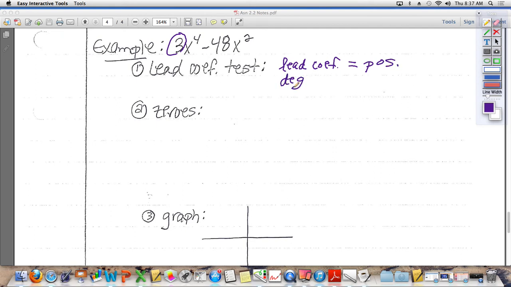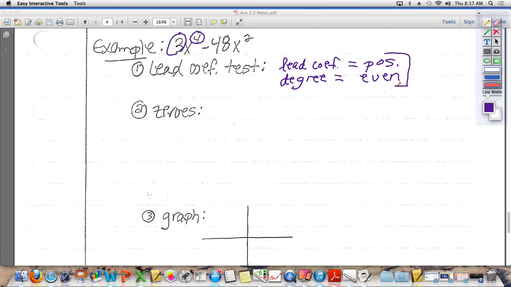What is the degree? The degree is 4. Now, if the degree is 4, what we really care about is that it's even. So we have positive and even. So if you look back in your notes, that's going to tell us something. If the lead coefficient is positive and the degree is even, that tells us that it will do what?